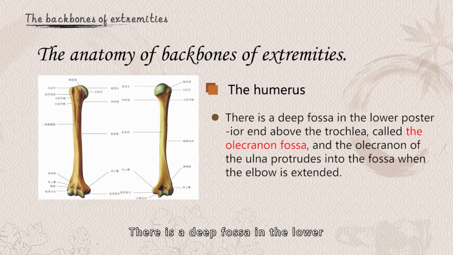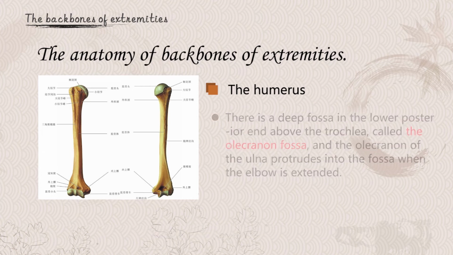There is a deep fossa in the lower posterior end above the torcular called the olecranon fossa, and the olecranon of the ulna protrudes into the fossa when the elbow is extended.